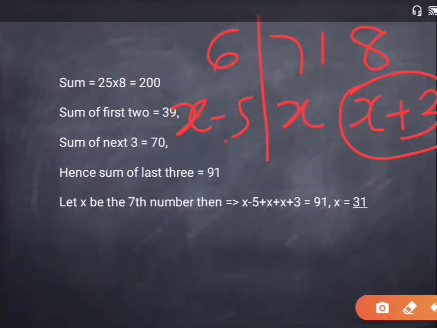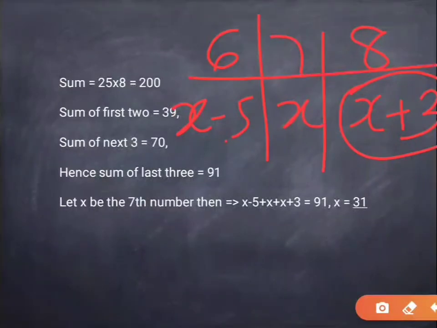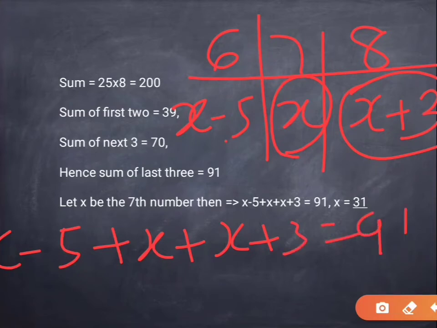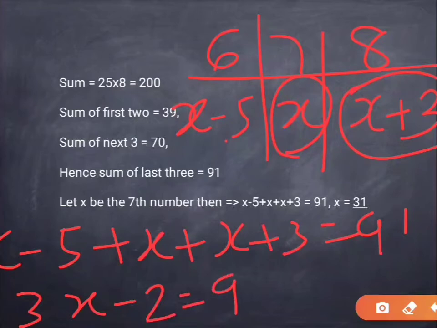So we get 6th, 7th and 8th numbers as x minus 5, x and x plus 3, and we have to calculate the 7th number, which is x. So we have x minus 5 plus x plus x plus 3 is equal to 91, or 3x minus 2 is equal to 91. That is 3x is equal to 91 plus 2, that is 93.